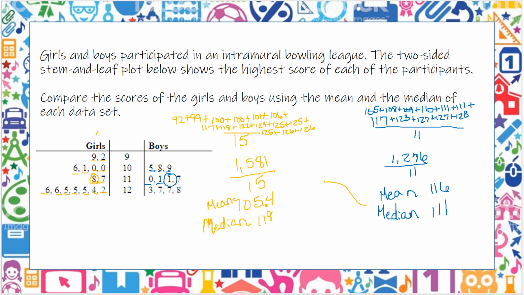And we're still going to divide that by 11. And we get the mean is 116. Now we're going to look for the median. The median is the middle. Okay, so half of 11 is 5 1/2, so 6 is in the middle. 1, 2, 3.